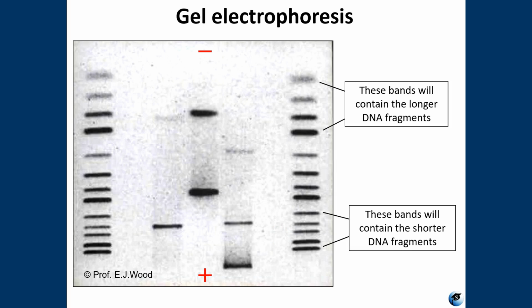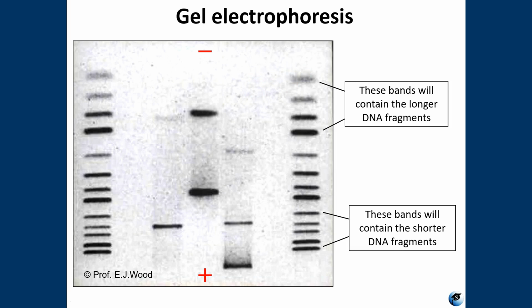The agarose matrix impedes the movement of larger molecules through the gel, whereas smaller molecules will pass through more readily. So the distance of migration is inversely correlated to size, with the smaller fragments traveling a longer distance through the gel and the larger fragments staying closer up towards the top.